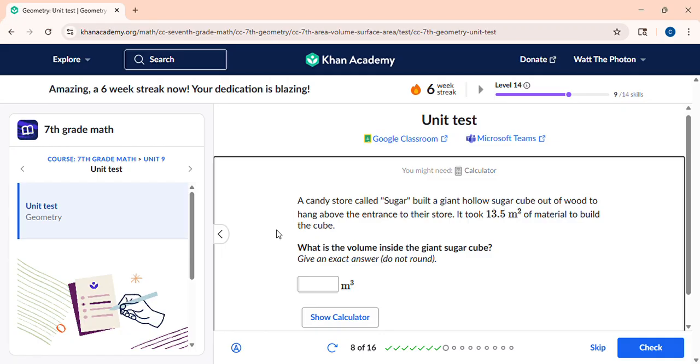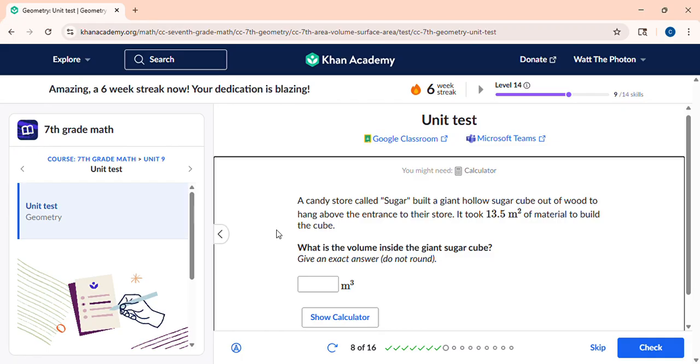So the surface area is equal to 13.5. And so I guess the square root of 13.5. Oh no, it's less than that.